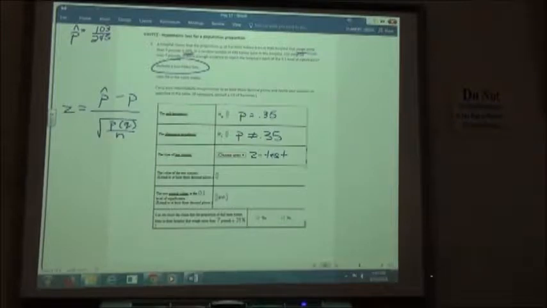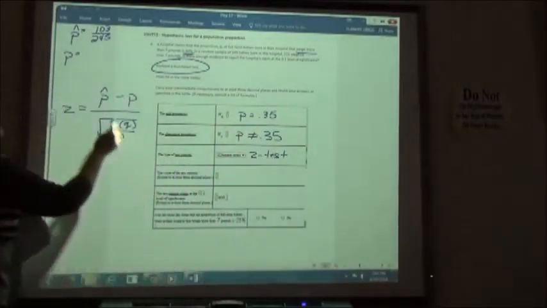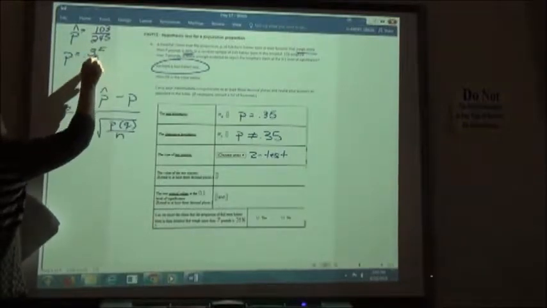If you take 103 divided by 245, do you get a terminating decimal, or does it just keep going? It's a long one, so then we probably have to use the fraction just so we don't get rounding errors. Okay, P is going to be the percent we're checking against, which is the 35%.